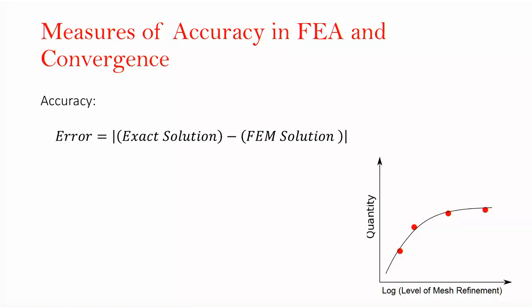We presume that you use the proper element type, the proper boundary conditions and loading, so everything is fine. You're choosing the proper material. But in the end, how do you know that this error is small enough to neglect? Any thoughts?